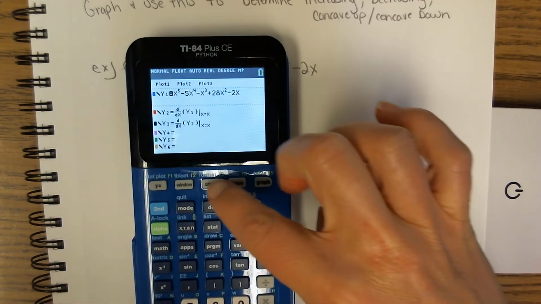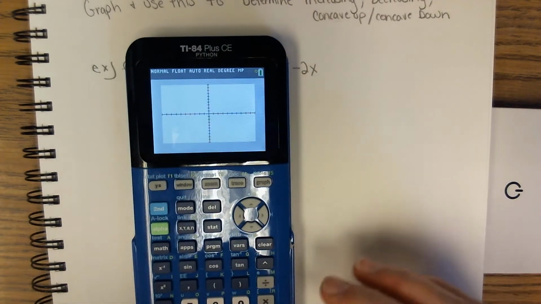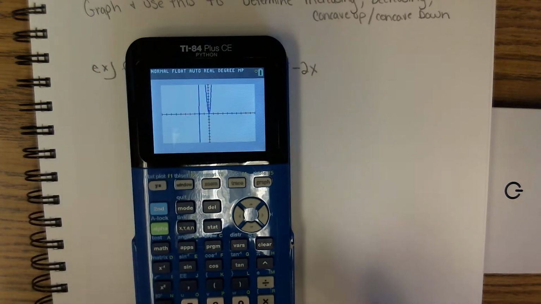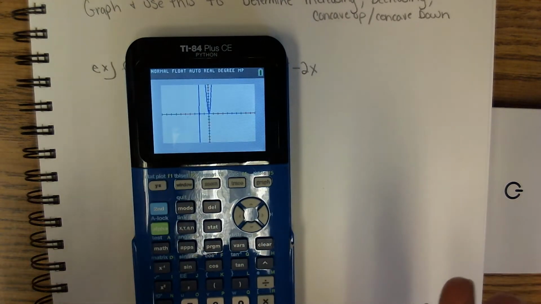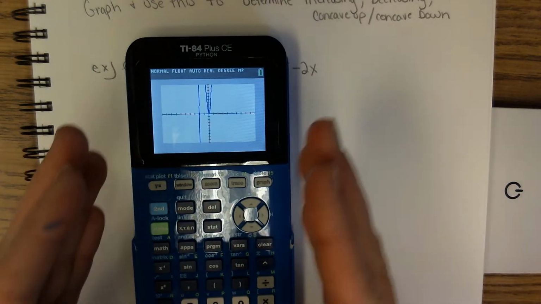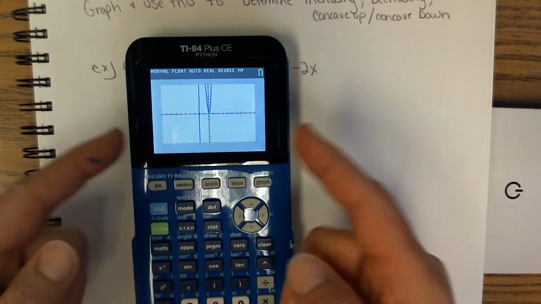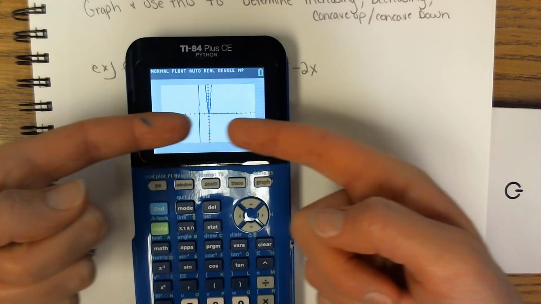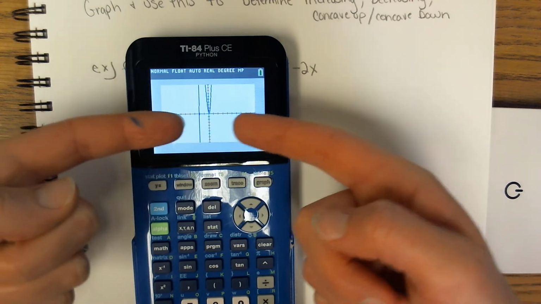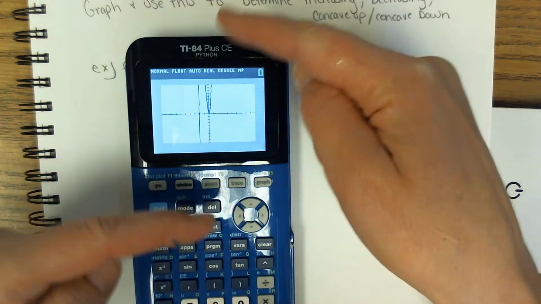So I'm going to hit zoom standard, that's zoom 6, and this is what I see. That's pretty crazy. I would really like to be able to see this in a better window. So what I'm going to do is decrease my window on my x's and increase my y's and see what happens.